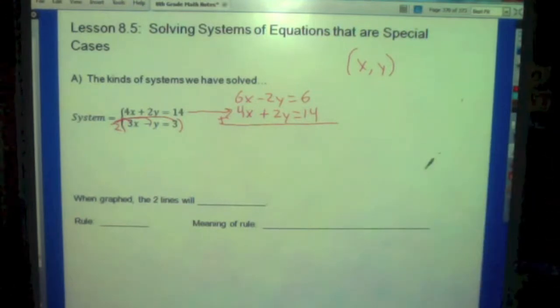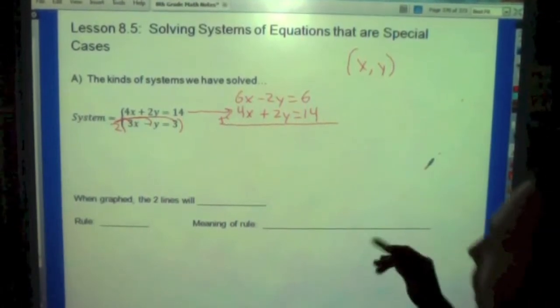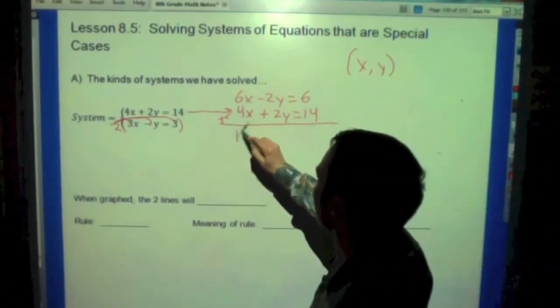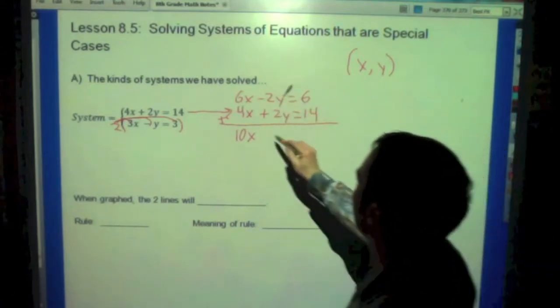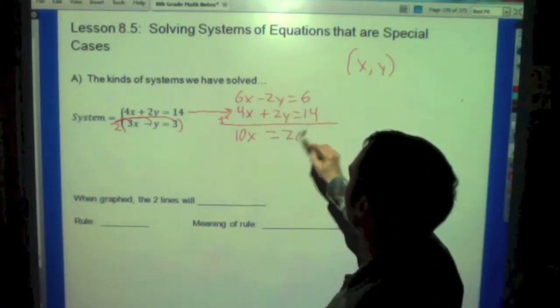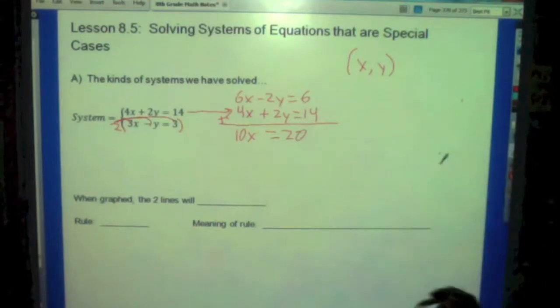Now I'm ready to add these together so I can start solving it. My x's are going to come out to 10x. My y's are going to cancel. I get 20 when I add up my numbers, so x is going to come out to 2.